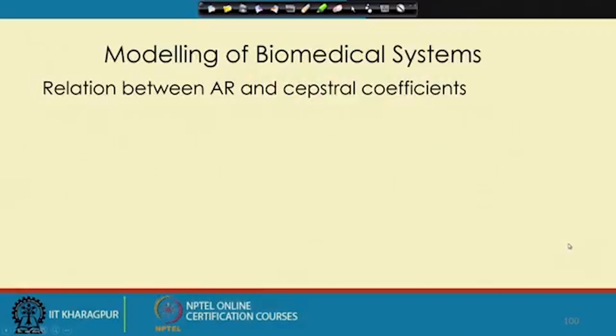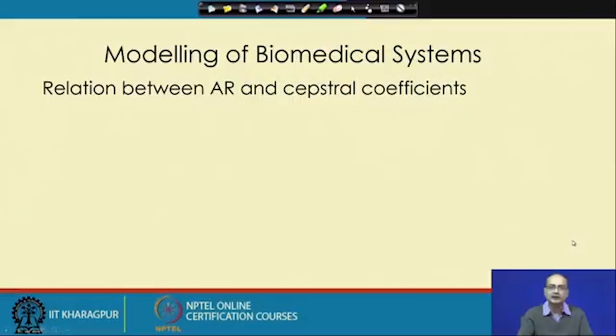So, now we will look at one more thing that we have seen for the speech signal. The cepstral coefficients are very good as features. Here we see the relationship between the AR model and the cepstral coefficient, because with the ACF we could get some relation with the cepstral coefficient.